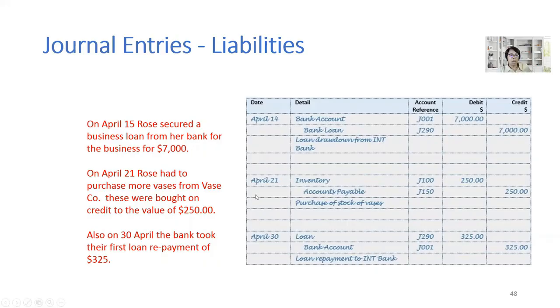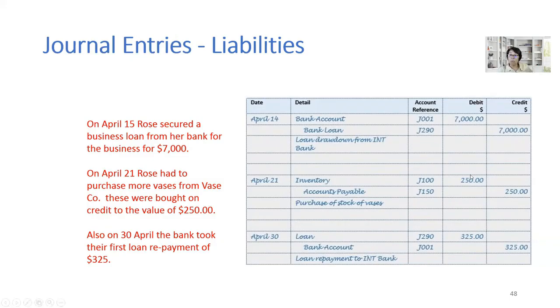Okay, so on April 21st, Rose purchased vases from the vase company, and she said, please bill me. So she took in $250 of vases in her inventory because she's a flower company, and inventory is an asset, and she debited the asset because debit means make asset go up, and our inventory went up, right?